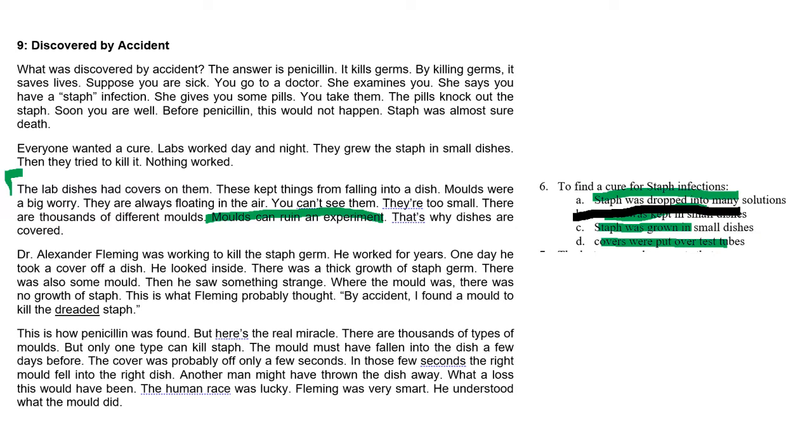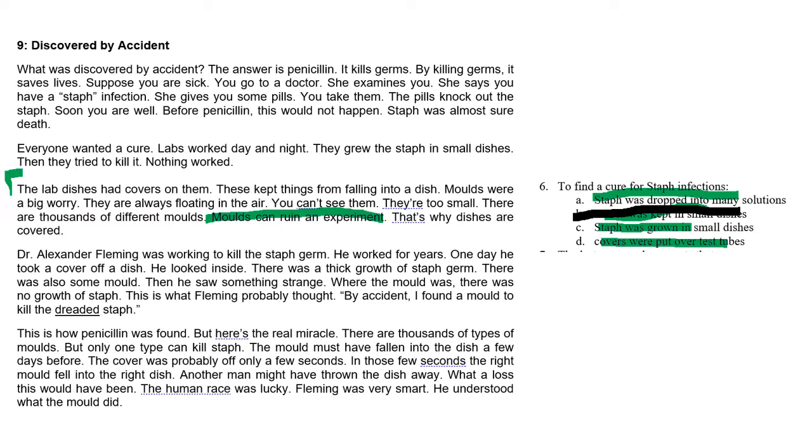Dr. Alexander Fleming was working to kill the staph germ. He worked for years. One day he took a cover off a dish. He looked inside. There was thick growth of staph germ. There was also some mold. So inside the dish there was already staph growing and some mold.